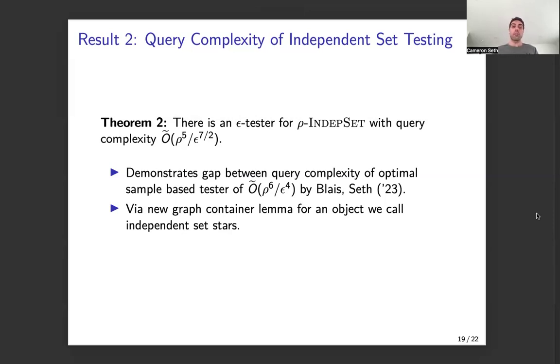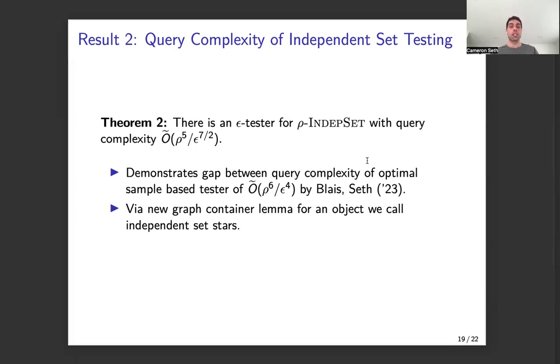Remember, our sample-based tester took a sample of size roughly 1 over epsilon squared, where epsilon is the main parameter we're focused on. So it took a sample of 1 over epsilon squared. And that means that its query complexity is like 1 over epsilon to the 4, because it just queries all possible edges in the sample.